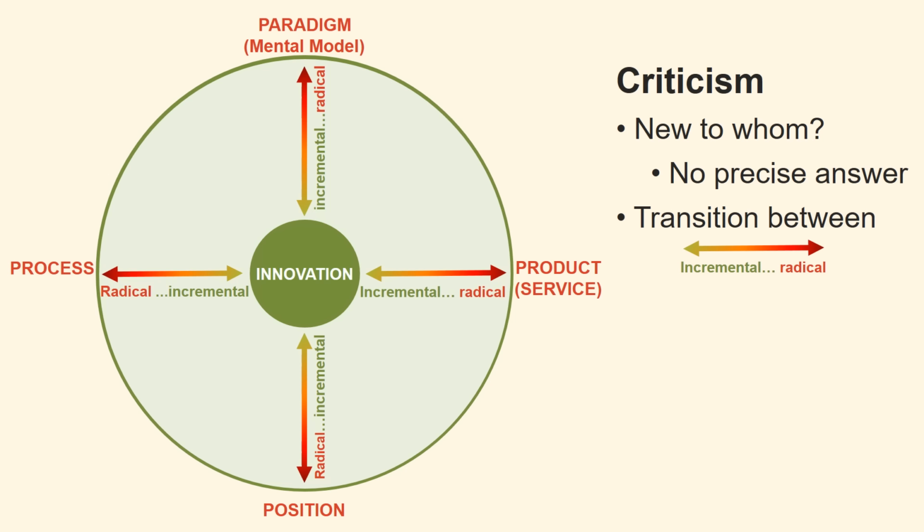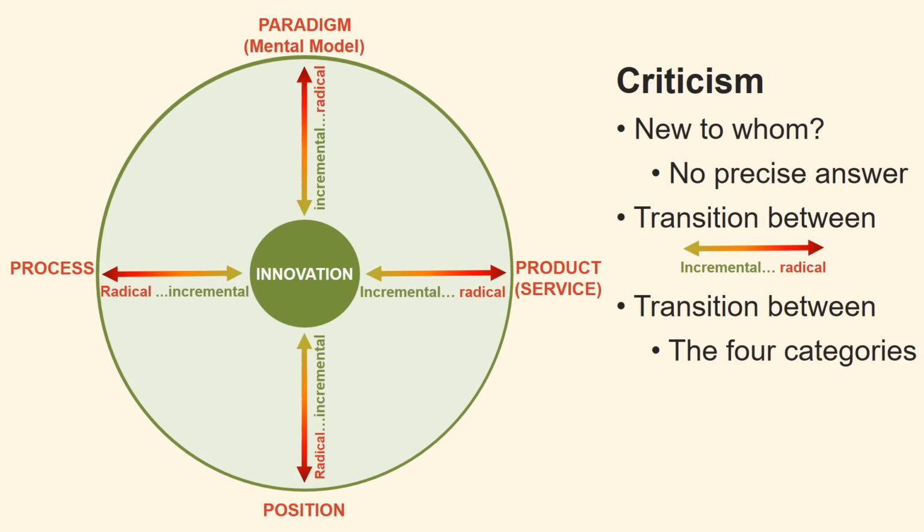Is it incremental innovation or radical innovation? There is a blurring of the transition between the two extremes. It can be difficult to determine if it is the one or the other of the four categories we are talking about. They can overlap each other.